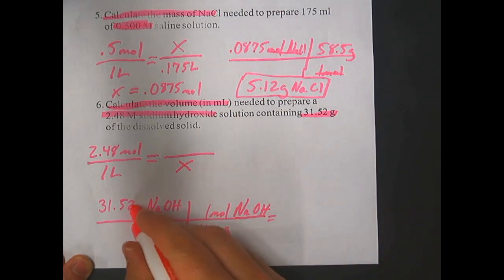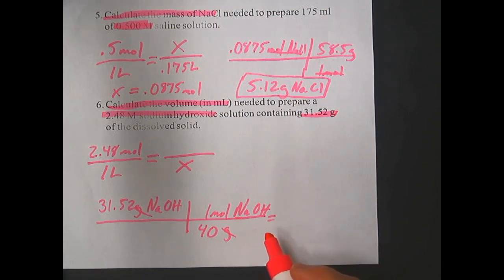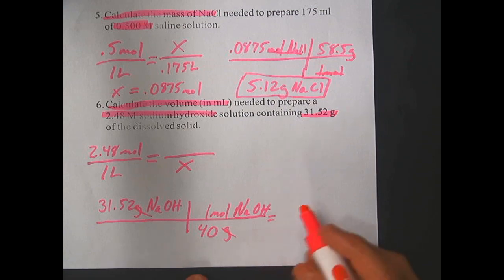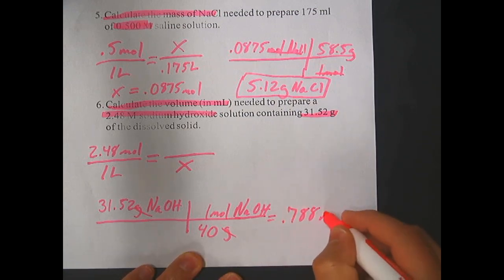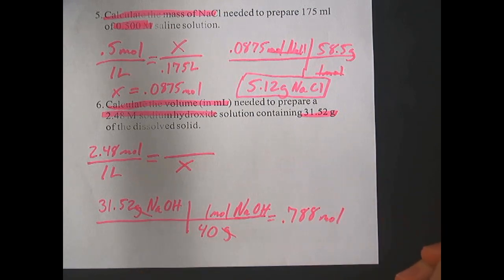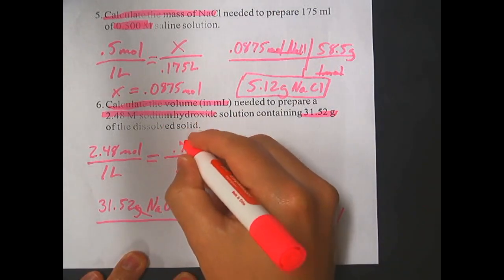So use the molar mass of sodium hydroxide to convert these grams to moles. So 31.52 divided by 40. I'll go ahead and use that whole number, 0.788 moles. So this is the number of moles we're working with. So we can take this and plug it in up here, 0.788.